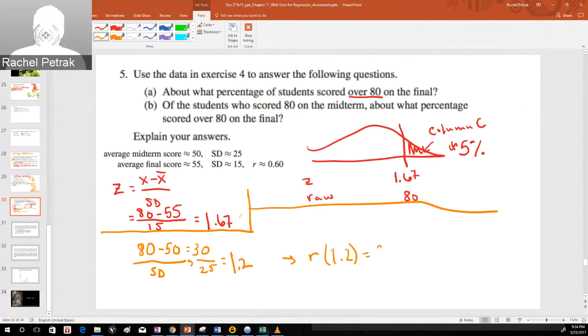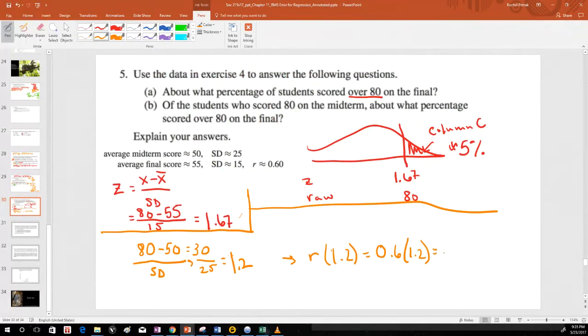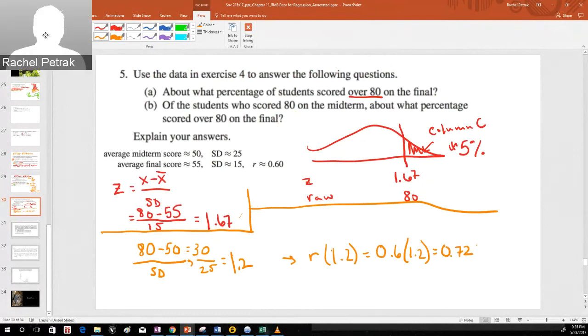R is 0.6 times 1.2. So we know there'll be 0.72 standard deviations above. We can just multiply by the size of the standard deviation on the final.